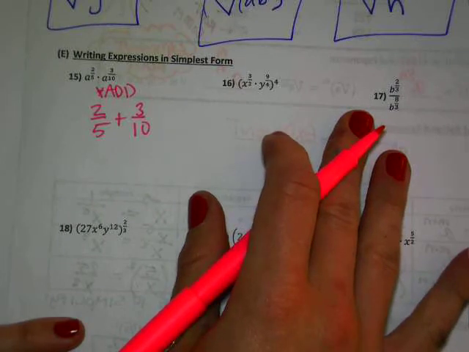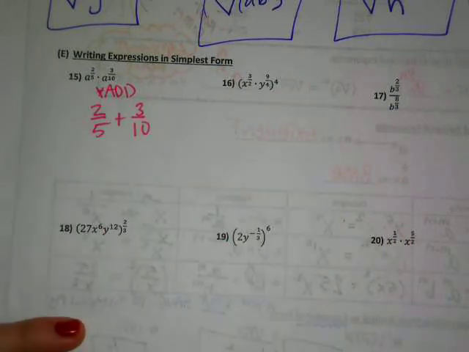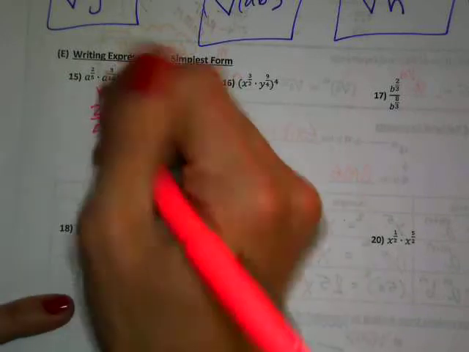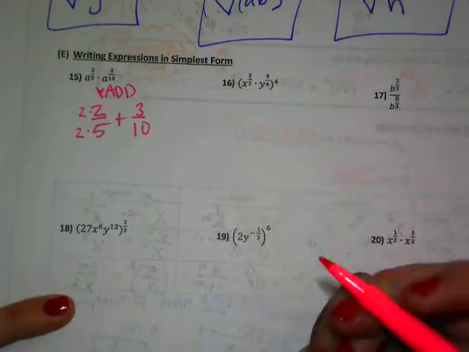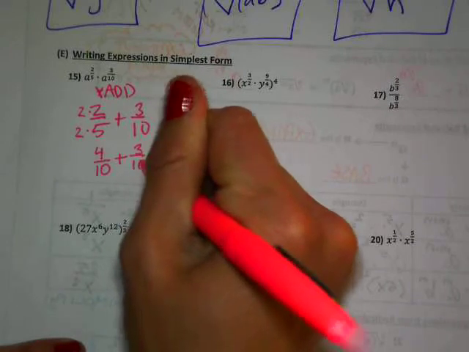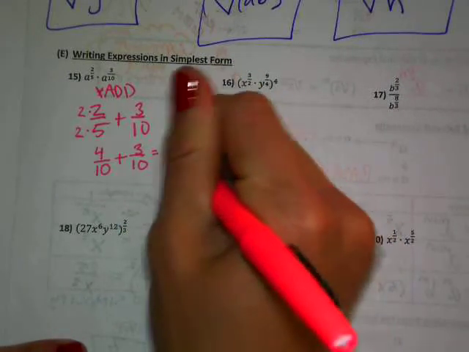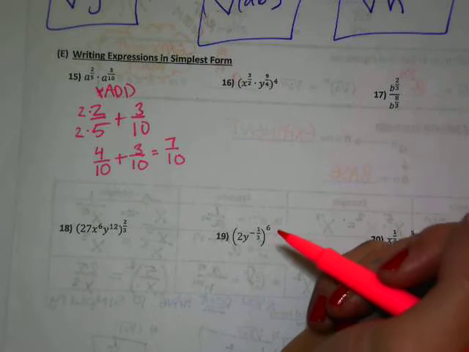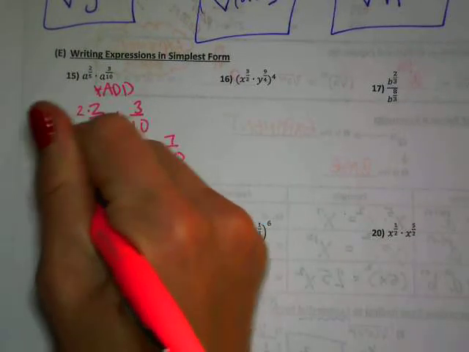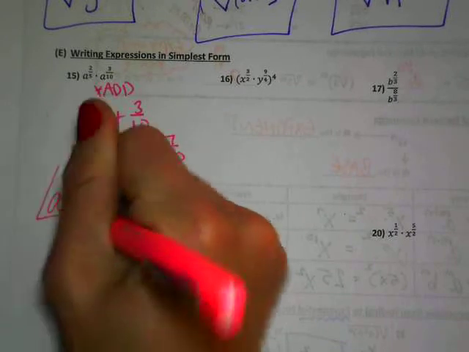Yes. To do what Nate just did in his head, you have to have a common denominator before you can add. So we're going to multiply both of these by 2 to get 4/10. And so now we can add them and we get 7/10. And so my new exponent is 7/10.